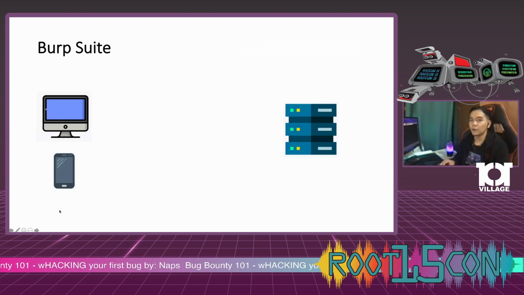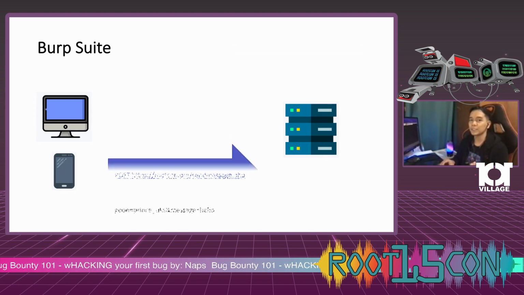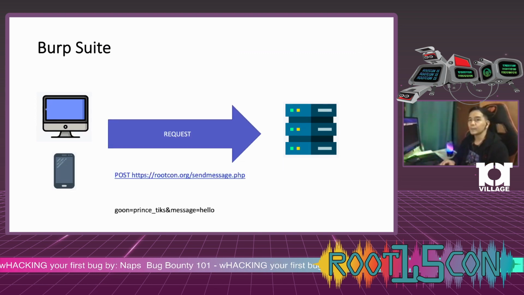As mentioned before, there will be a request and response. Now, this is how it works. When you send the chat hello to print sticks, there will be a request to the rootcon.org server, specifically to the send message file. The parameters here are the goon and the message. As you can see, there's a goon.